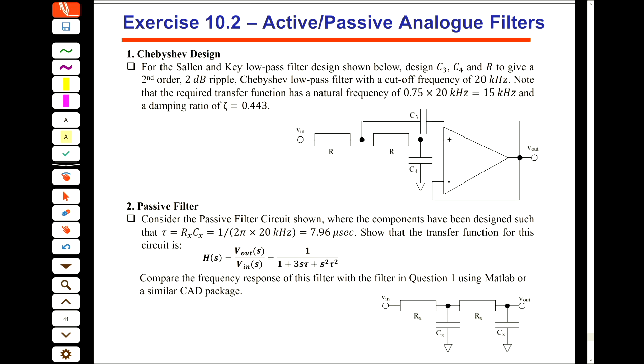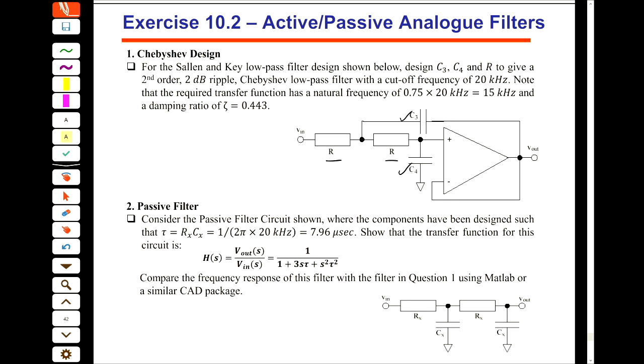All right. The next question is about the Sallen-Key low pass filter. So it says: find the values for this R, C3 and C4.